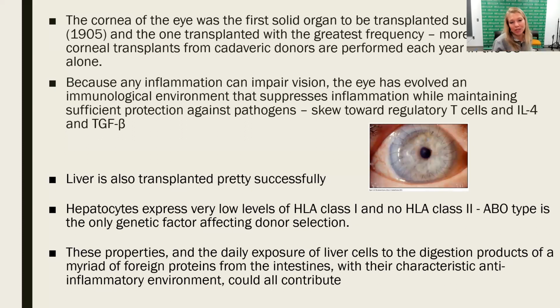ABO is really the big thing that is being matched when looking at a liver transplant. Because of this, liver transplants are really pretty good. They're not rejected as often as, say, other organs.